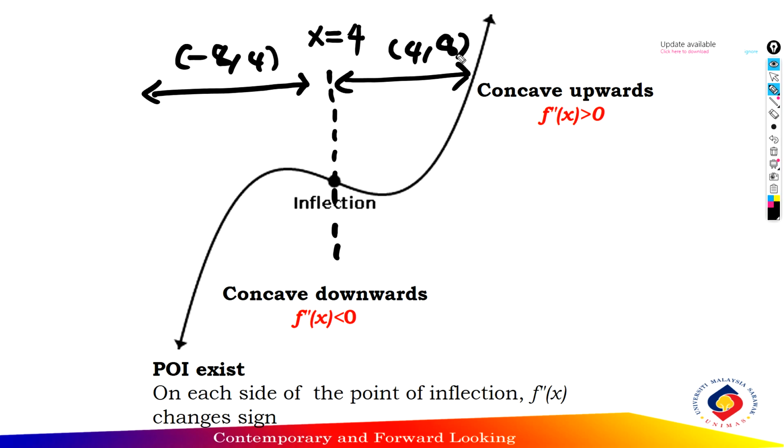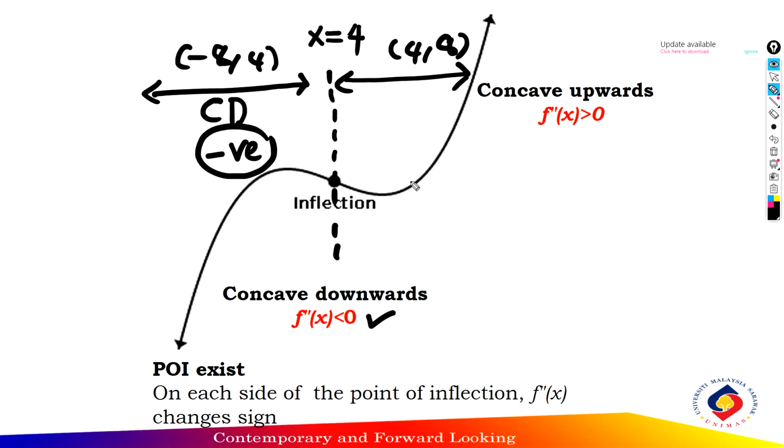Okay, here you check the concavity of the function. From the left, between negative infinity and 4, the graph is concave downwards, CD, and the sign of the second derivative is less than 0, so you put the negative sign.